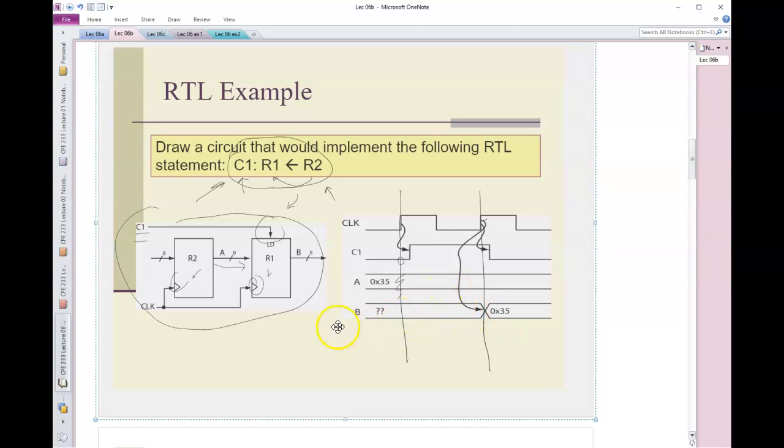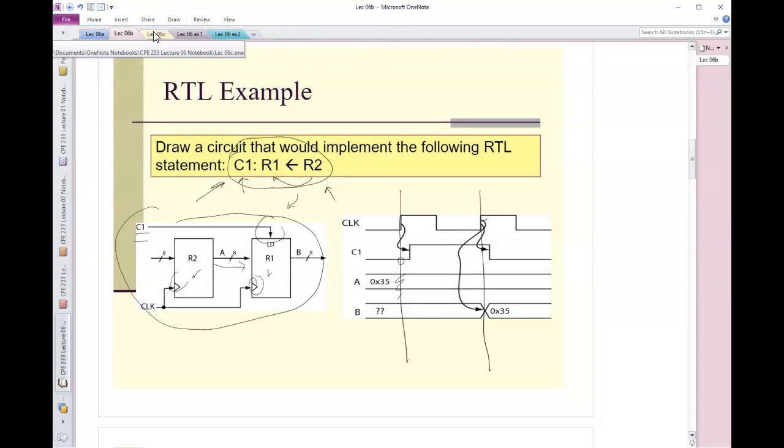So here's B. B is the output of R1. Anyway, this is a quick example showing that transitions are synchronous. They're just registers as you know and love them. Never write a clock signal in an RTL statement.